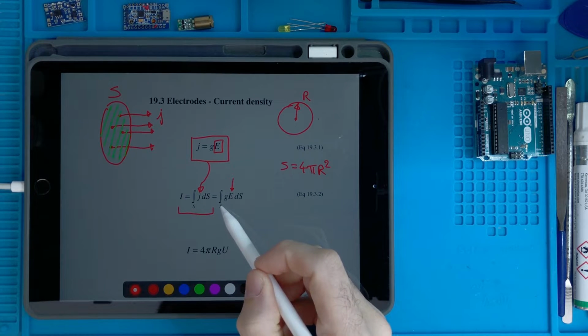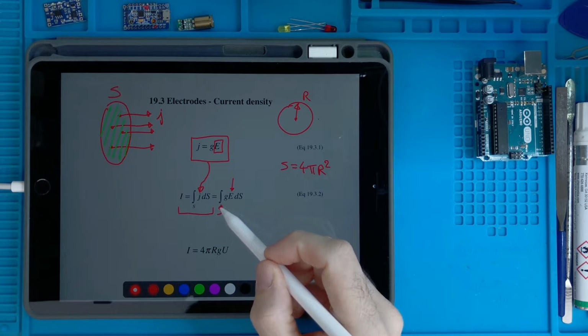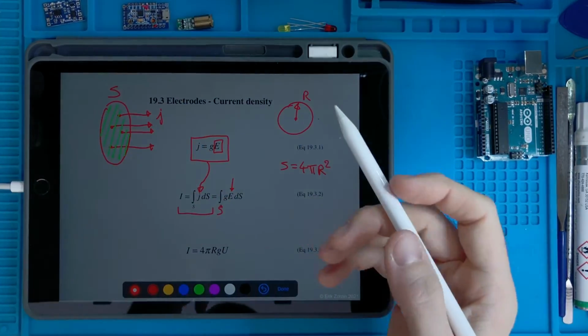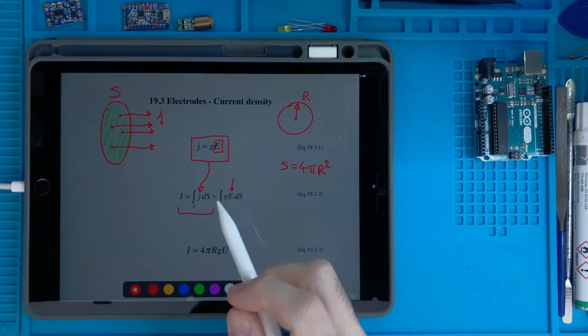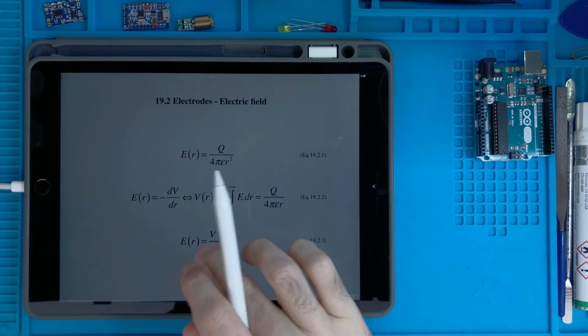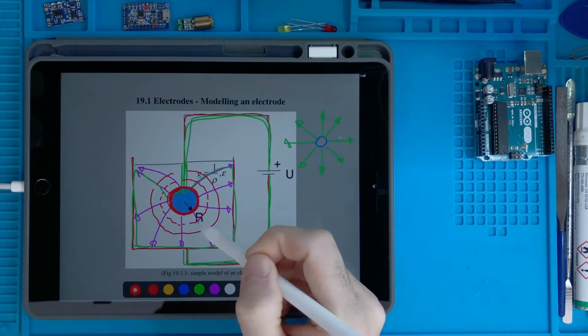And because we do this integral on a spherical shell, let's say, we can decide to do it on every possible one of these spherical shells that we have here, because the flux is the same.